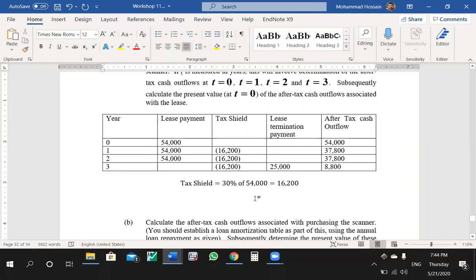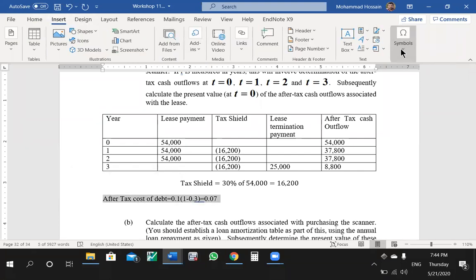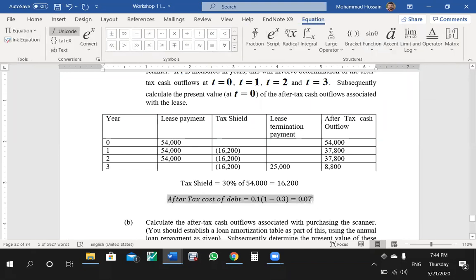Next, you have to calculate the after-tax cost of debt. So how much will our after-tax cost of debt be? 0.1 times (1 minus 0.3), which is 7%.